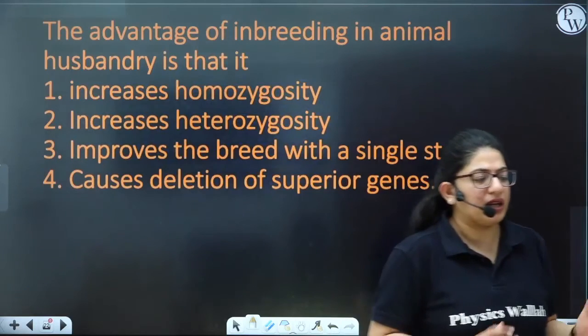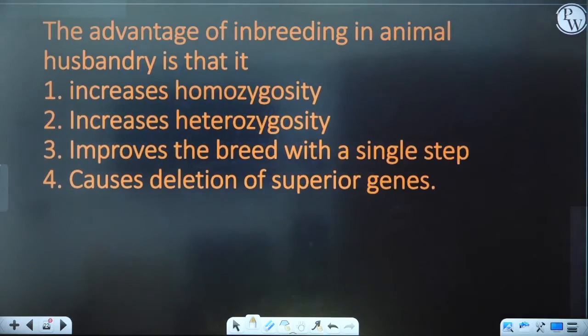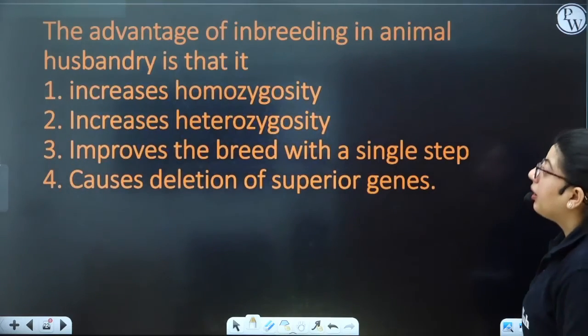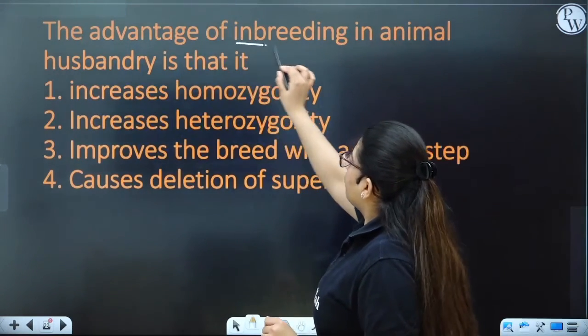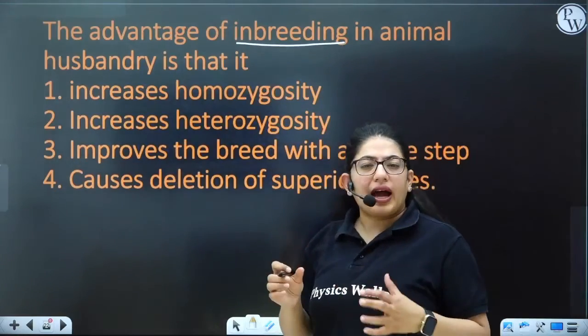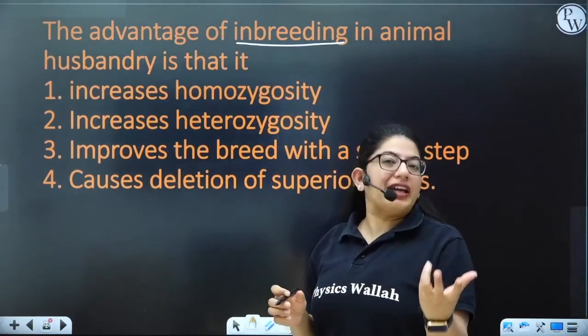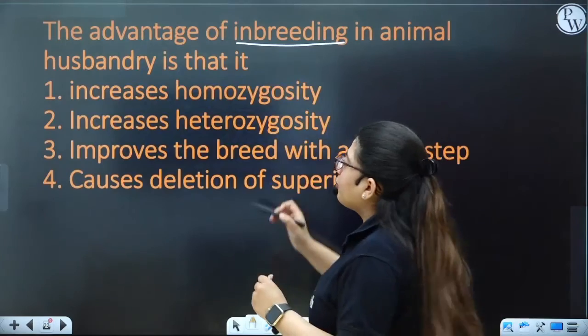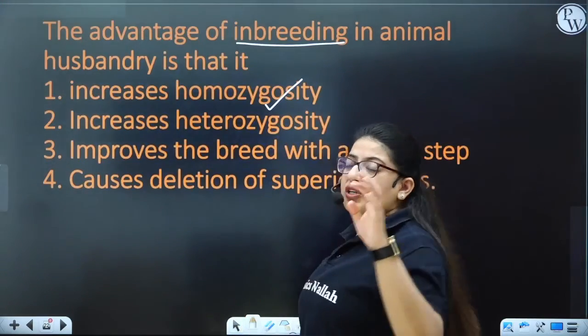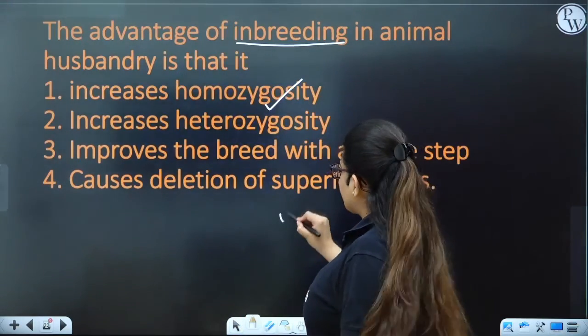It's quite simple. Whenever we are doing inbreeding, we are mating organisms of the same breed and related organisms. As a result, the homozygosity will increase because we are producing pure lines here. So answer will be 1.